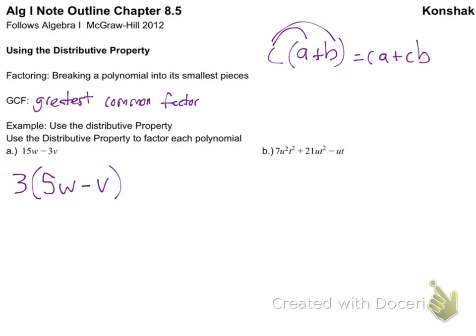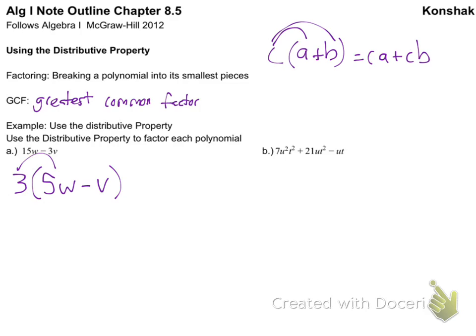Negative v. Done. That's the answer. And of course you should check it. If I check it, what's 3 times 5w? 15w. What's 3 times negative v? Negative 3v. Is that the original problem? Yes. Cool stuff, hey?